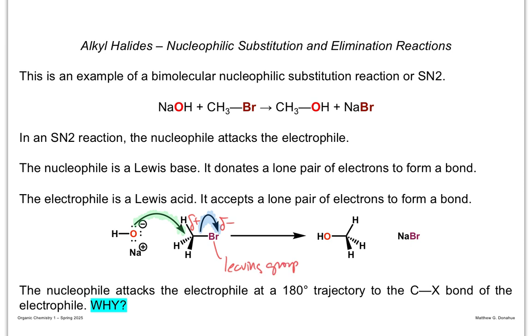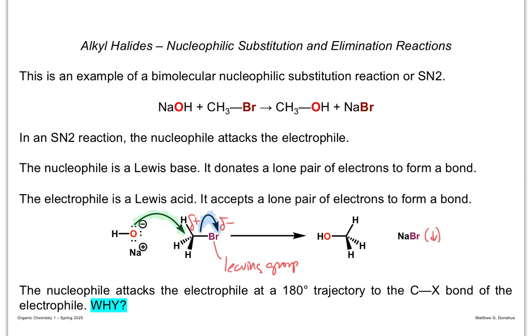And then what you'll notice, we form an inorganic byproduct sodium bromide that may precipitate out of the reaction. As you know, those arrows, we've pushed them.